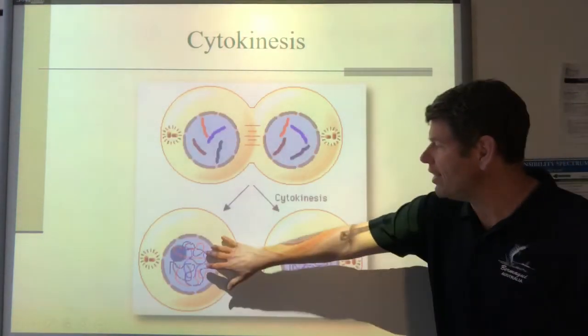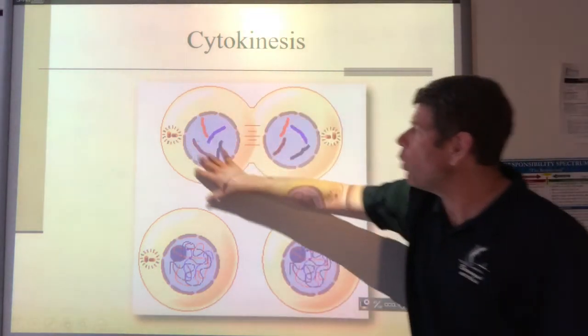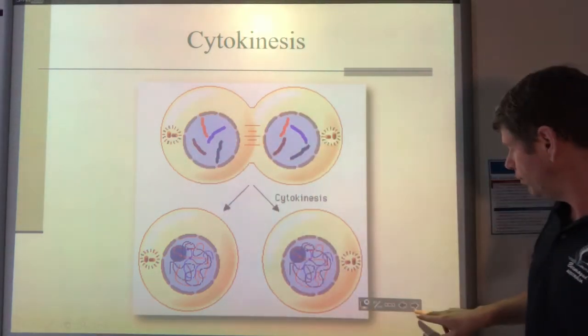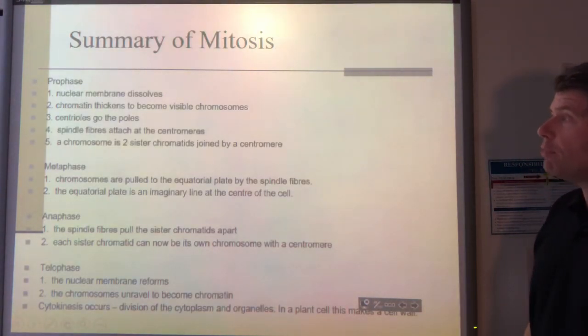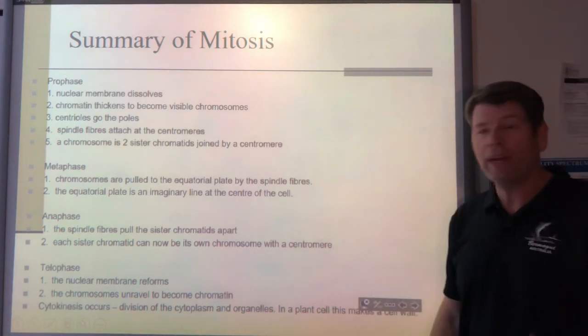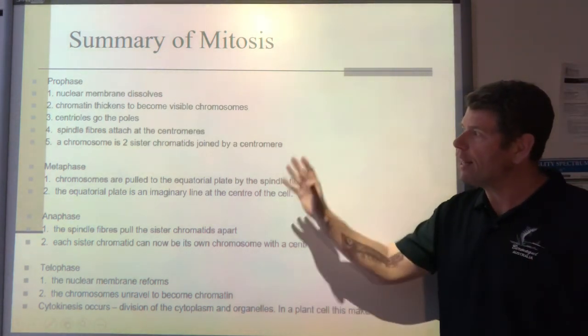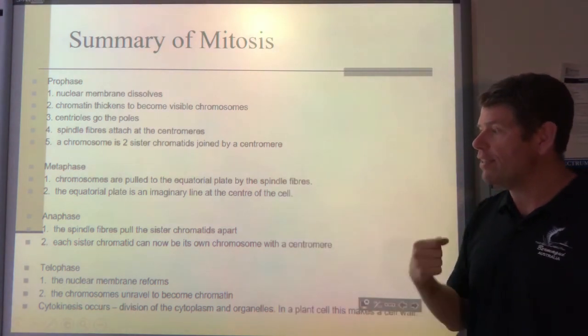This is when cytokinesis is over. We have our two daughter cells from what was our one mother cell. This is just a summary slide that I'm not going to go through and read for you, but when you're reviewing, those are the major points that I just went through in terms of mitosis: prophase, metaphase, anaphase, and telophase.